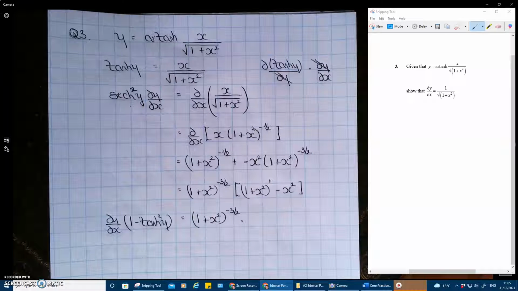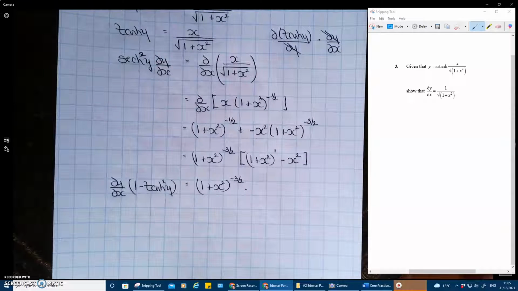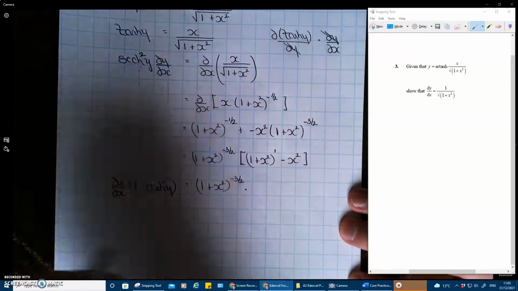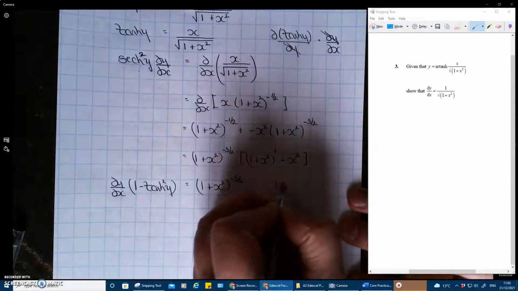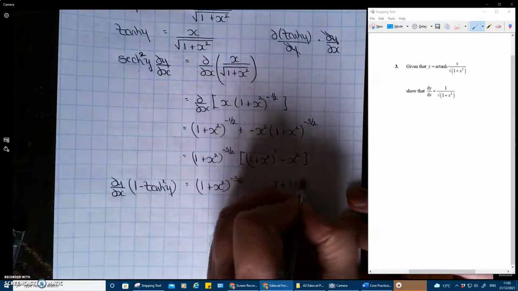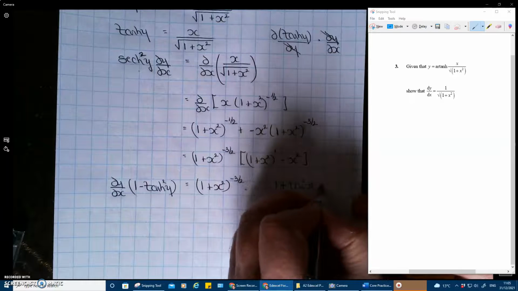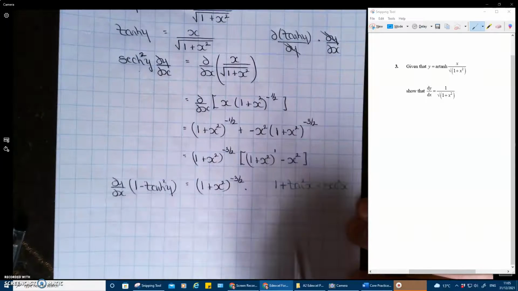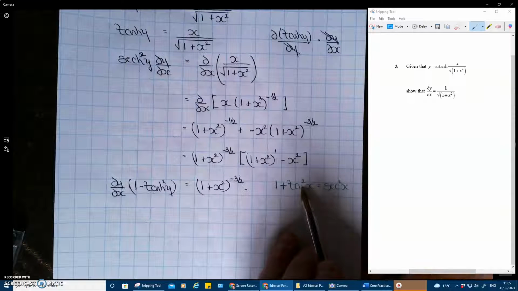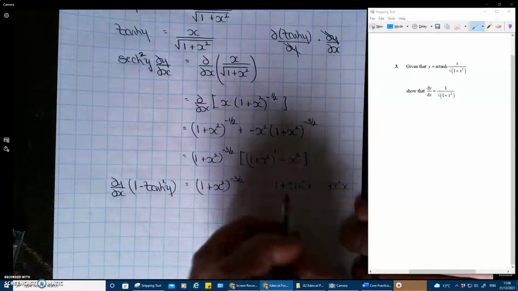Now again, this is how I remember it, but you may have obviously better memories than me. I know that 1 plus tan squared equals sec squared. So I had little notes aside here. If you can't remember these identities, 1 plus tan squared equals sec squared. And because tan squared involves sine squared over cos squared, so it involves a sine squared, then you change the sign.